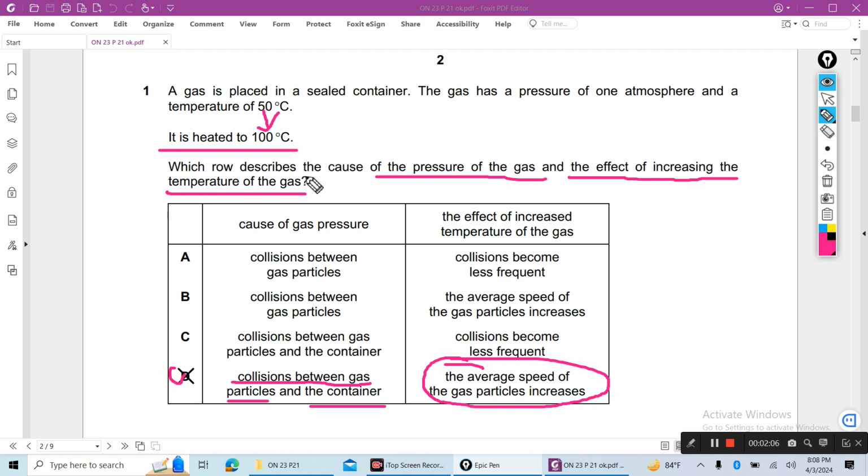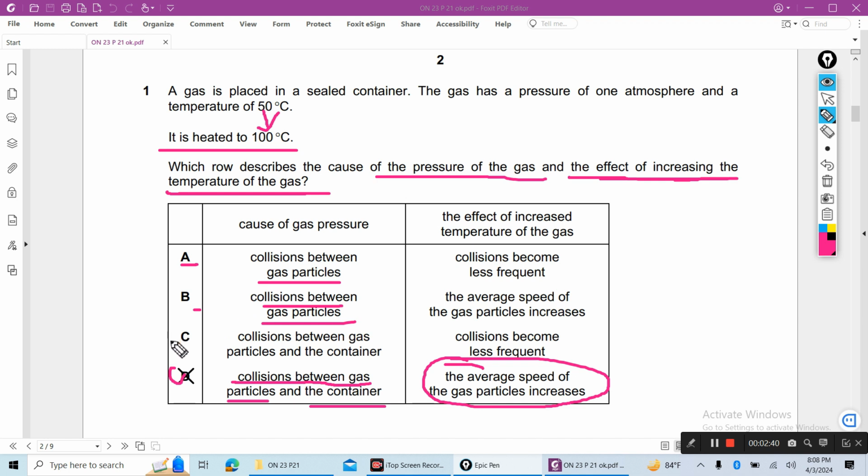Which row describes the cause of the pressure of the gas? Collisions between gas particles and the container, and the effect of increasing the temperature of the gas, the average speed of the gas particles increases. So A is wrong. Why? Collision between gas particles, not only gas particles and container. So this is wrong. B, collision between gas particles and with container.